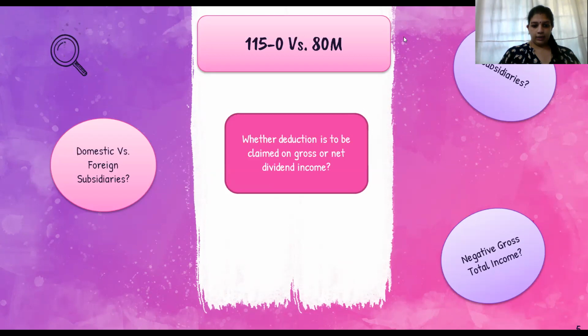If read carefully, 115O was specifically available to subsidiaries, whereas 80M covers dividends received by a domestic company from any other domestic company which may or may not be a subsidiary. So under 80M, the condition is that it should be a domestic company and need not be a subsidiary for the companies to avail the benefit.